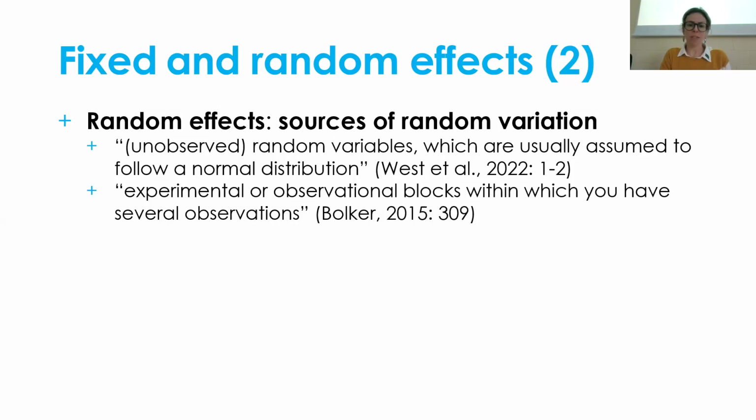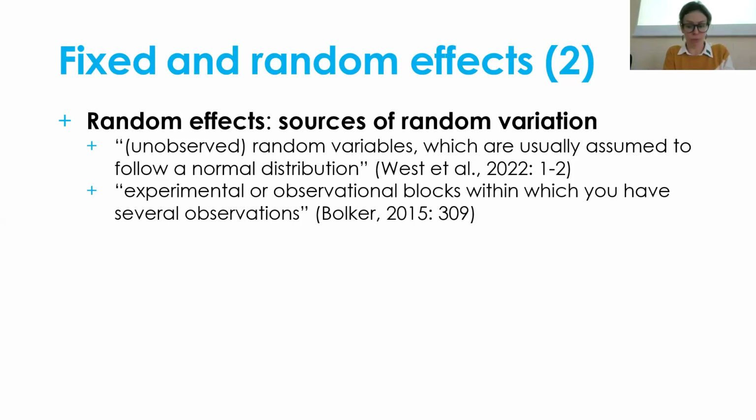They have also been defined as experimental or observational blocks within which you have several observations. This is, however, more applicable to things like biology or even education, where you have different pupils in different schools and different classrooms, right? And this information is not something that you're particularly interested in, but it may introduce systematic variation that might mess up your data.